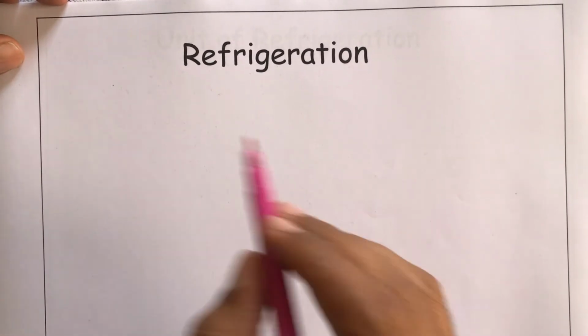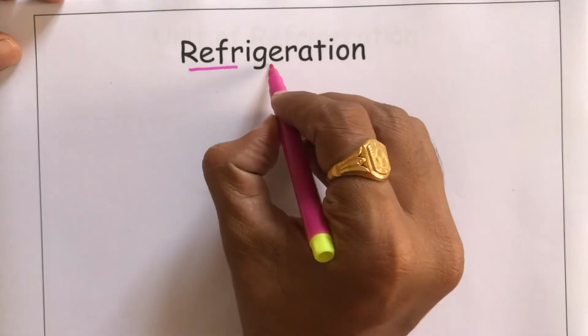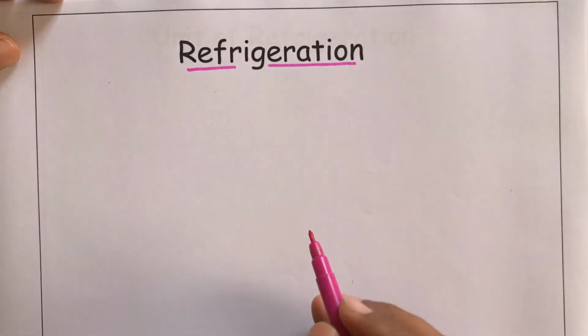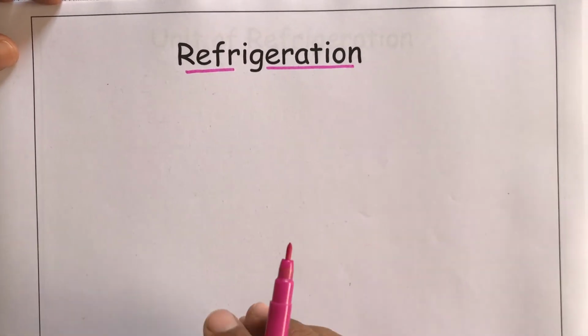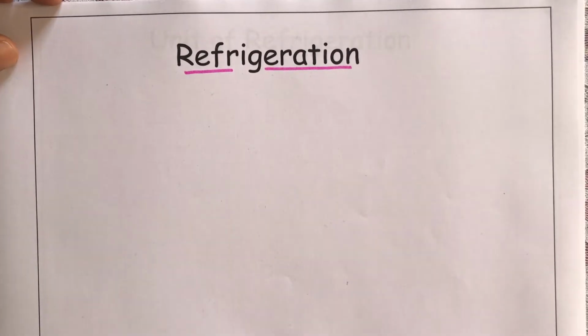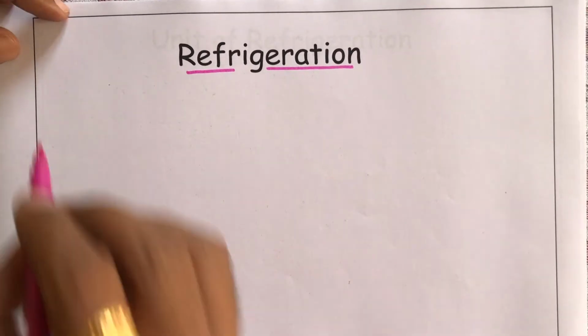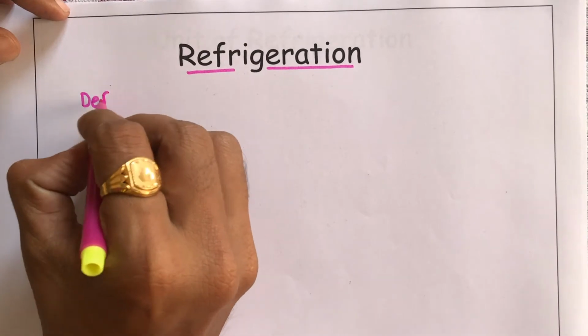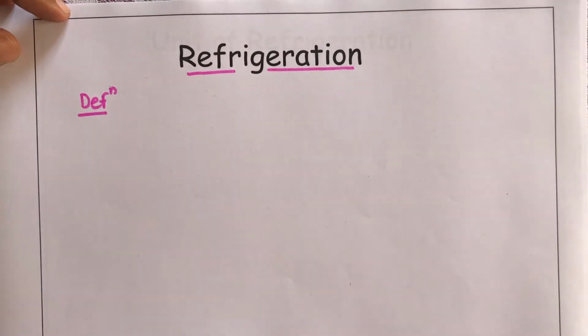In today's lecture, we are going to deal with the definition of refrigeration and the units which we are going to use for the measurement of refrigeration effect. So let us start with the definition of refrigeration. How can we define refrigeration?